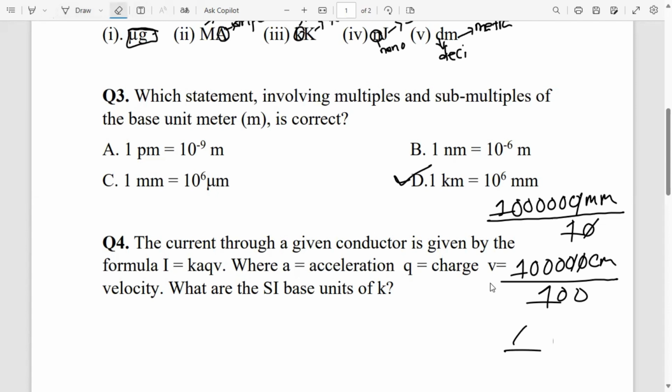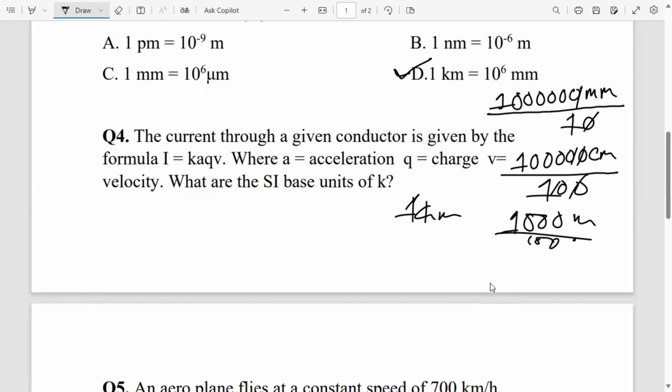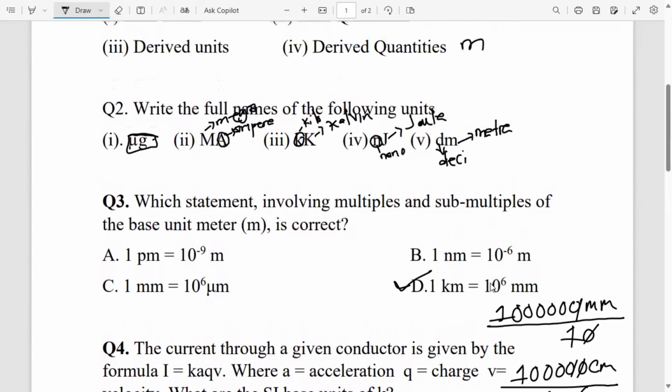It's 1,000 because I'm removing 2 zeros from 100,000. So I'm remaining with 1,000 meters, of which this divided by 1,000 will give me exactly 1 kilometer. So option D there is the correct statement. Okay, so we can move on to the next question.